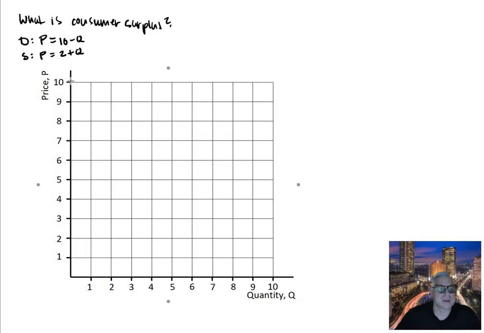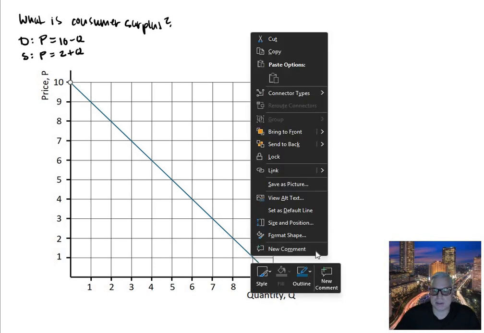The demand has an intercept of 10, goes down with a slope of 1. And let's make it a little bit bigger.